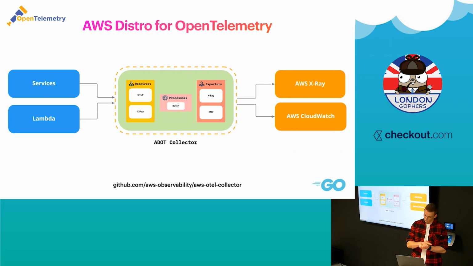And then on the receiver side, they support OTLP, which comes by default, and they also support receiving X-Ray data. So originally we've got services that are directly tied to X-Ray as a vendor, so we're using the X-Ray SDK. We can send data straight to the collector without needing to change service code. We just drop in the collector, it'll listen on the same port, and we can export it to the same place. So it's phasing out vendor-specific implementations.